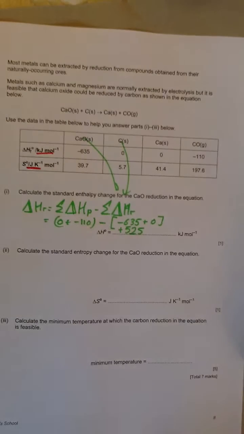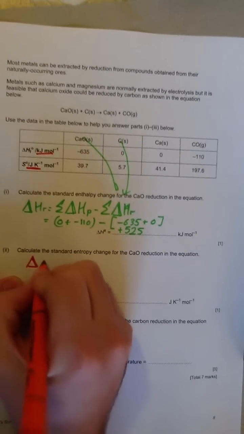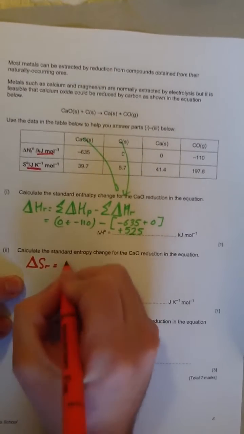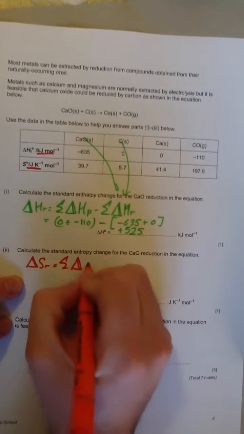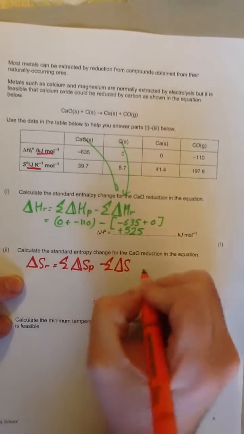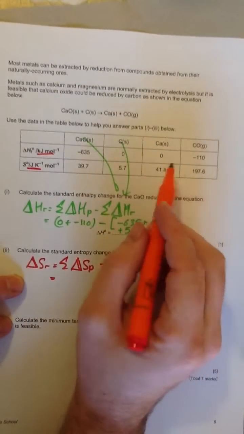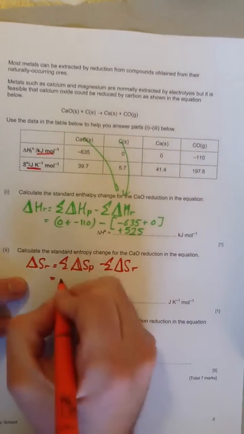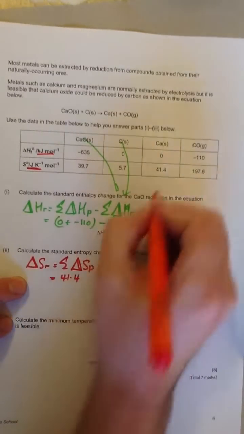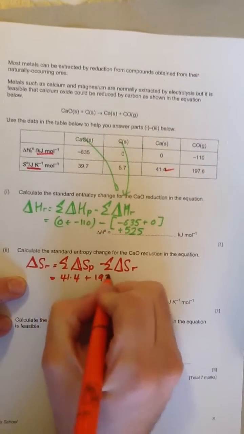Next part says calculate the standard entropy change for CaO reduction in the equation. Similar type of equation, so it's delta S of a reaction is the sum of the entropies of the products minus the sum of the entropies of the reactants. Putting the numbers in, so the entropies of your products are 41.4 plus 197.6.